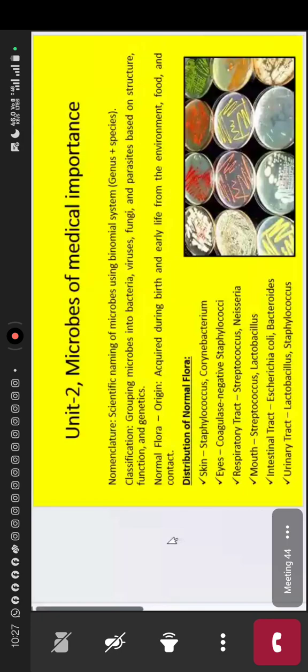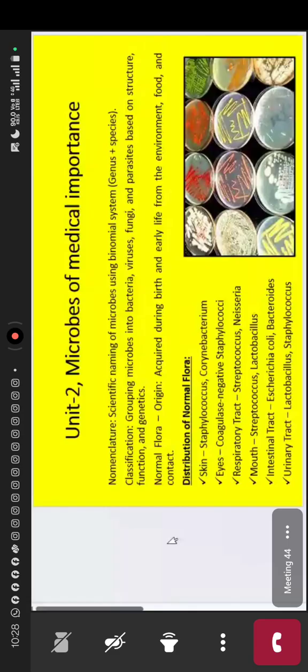For example, the causative agent of tuberculosis is Mycobacterium tuberculosis, where the genus is Mycobacterium and the species is tuberculosis. A genus has multiple species, which are responsible for producing different kinds of infections, right?